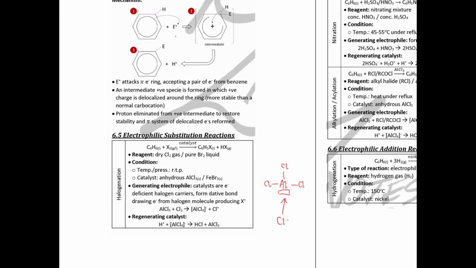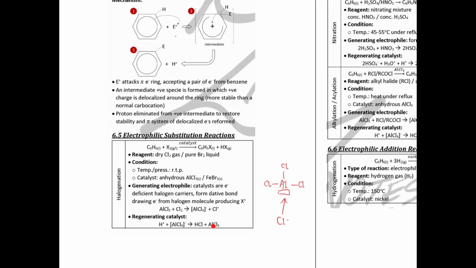So it's here actually. The H plus that is kicked out from the mechanism will go and find the AlCl4 minus, which is originally a catalyst. The catalyst must regenerate at the end of the reaction. So the chloride from just now will go and combine with the H plus to form HCl, and the catalyst is regenerated.